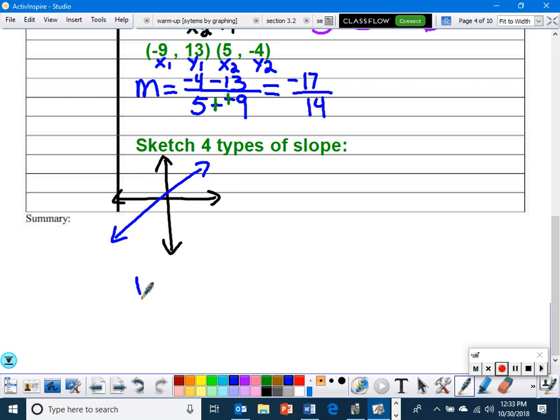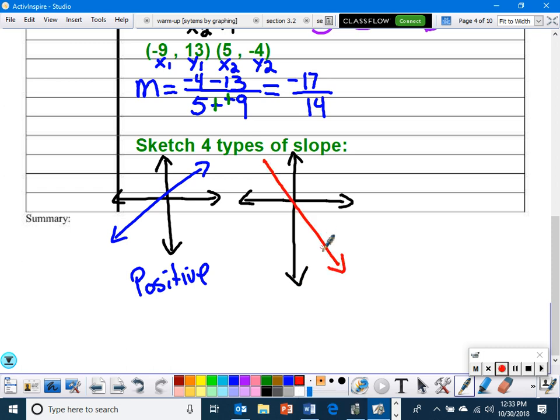The line rises. Then we have a negative slope. The line is falling.